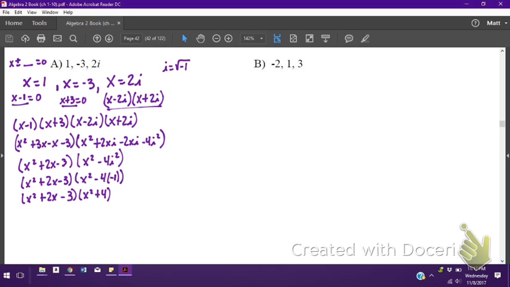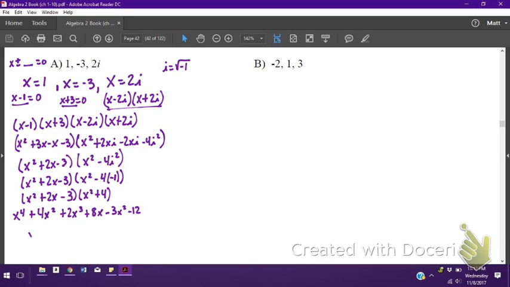Okay, so I'm going to distribute, and when I distribute with each one, I'm going to get x to the 4th, because I took the x squared times the x squared, plus 4x squared. Then I get a 2x cubed plus 8x. Then I'm going to get a negative 3x squared minus 12.